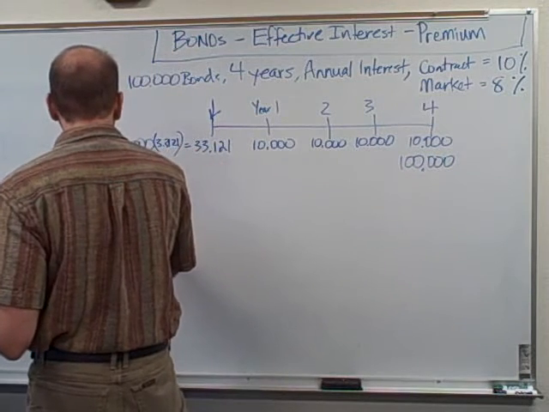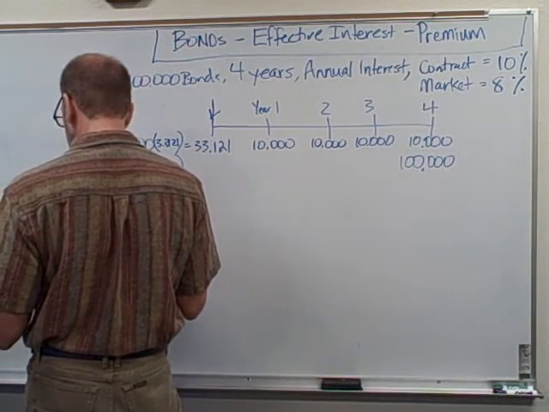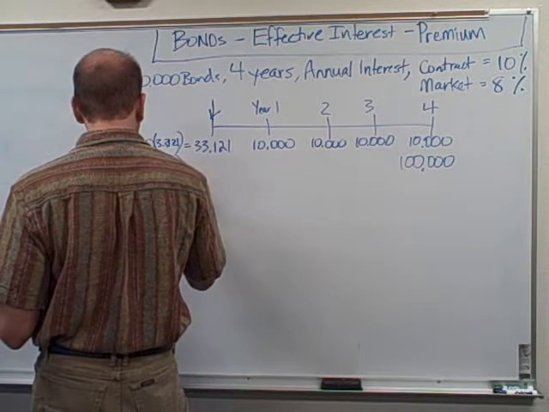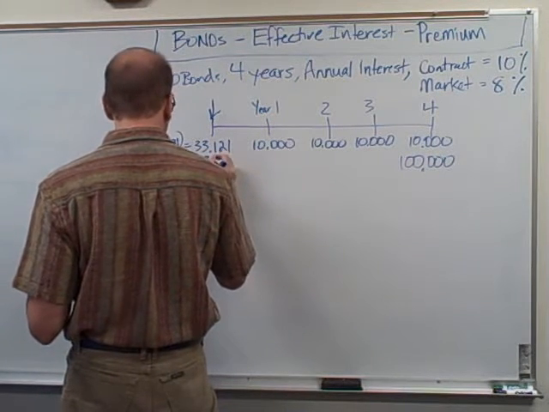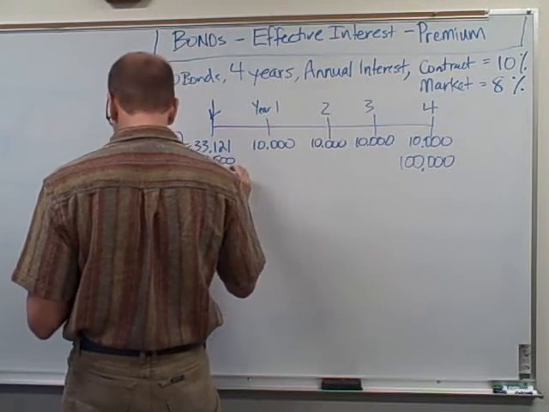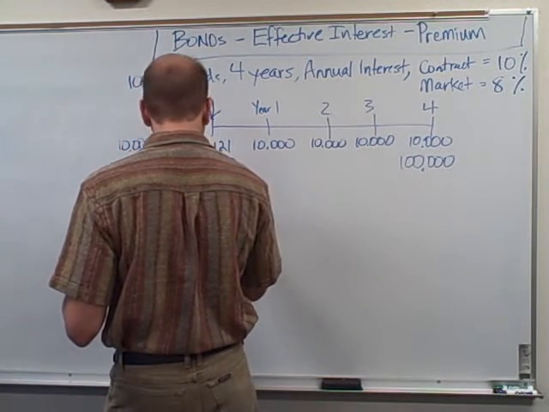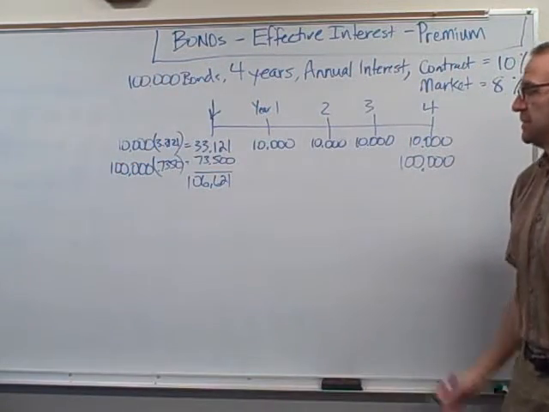So we're going to take the 100,000 times 0.7350. So that gets us 73,500. So then the value of our bonds is going to be 106,621.